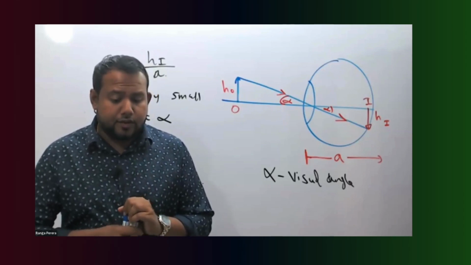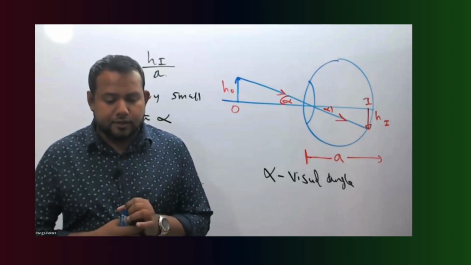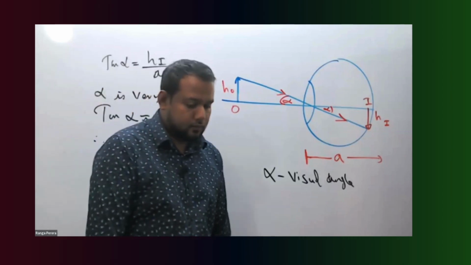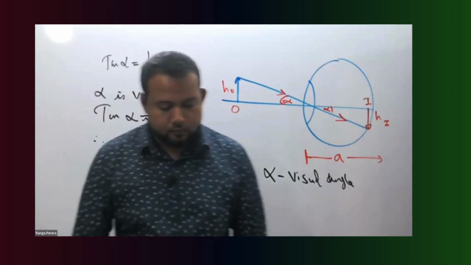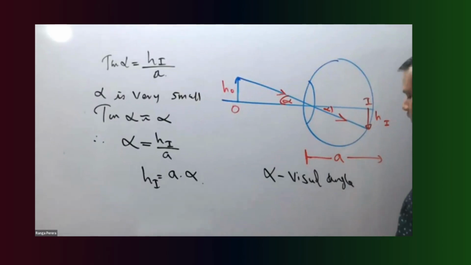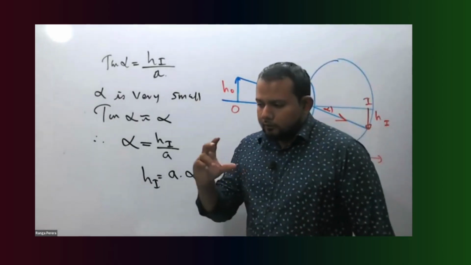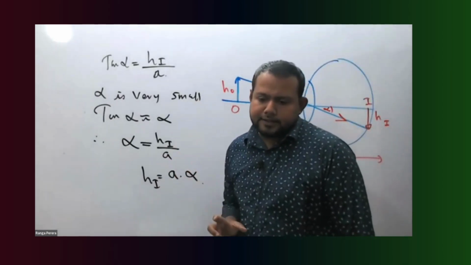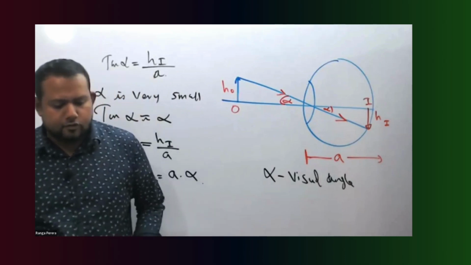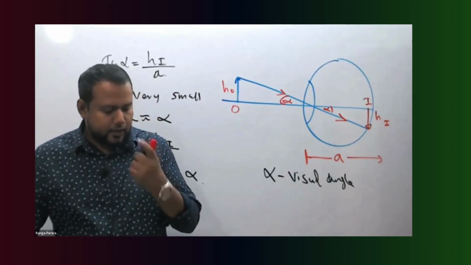Within brackets, alpha here is considered as the visual angle.